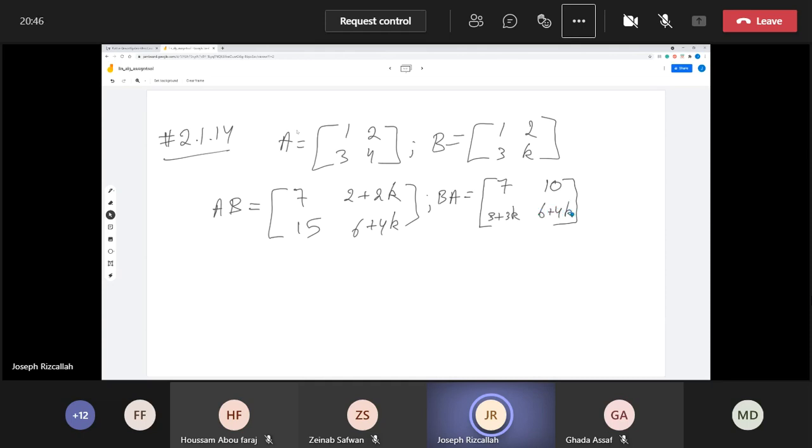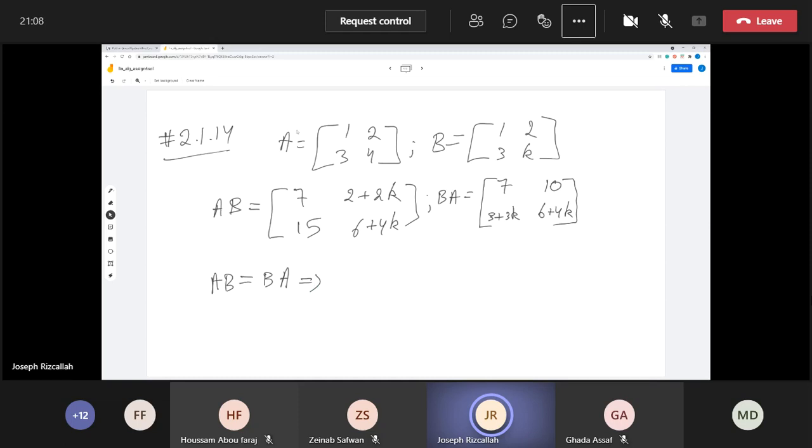And now I want these two matrices to be equal. So I want AB to be equal to BA, okay? What do I conclude from here? The first conclusion is, of course, the sevens are equal, so this is obvious. Let me circle them.